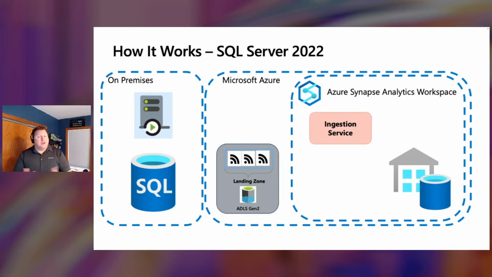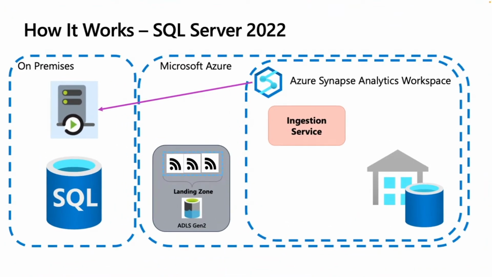From there, when you configure the Synapse link in the Synapse workspace, again, we will have the ingestion service that we provision on the back end. And the flow is a little bit different in that the control for what needs to be done, telling SQL Server what to do, is initiated through the self-hosted integration runtime. So Synapse tells the runtime to tell SQL to start doing its job.